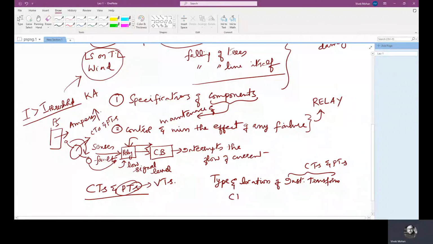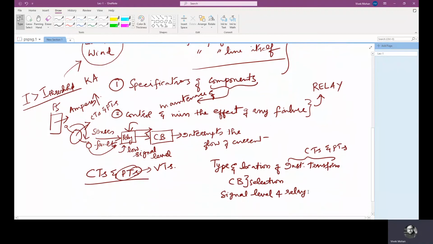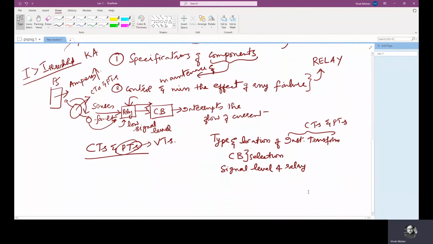Then the selection of the circuit breaker, then the signal level required to operate the relay. So these are selected when the relay is applied to the power system for the first time, or when the relay is installed to the system for the first time.